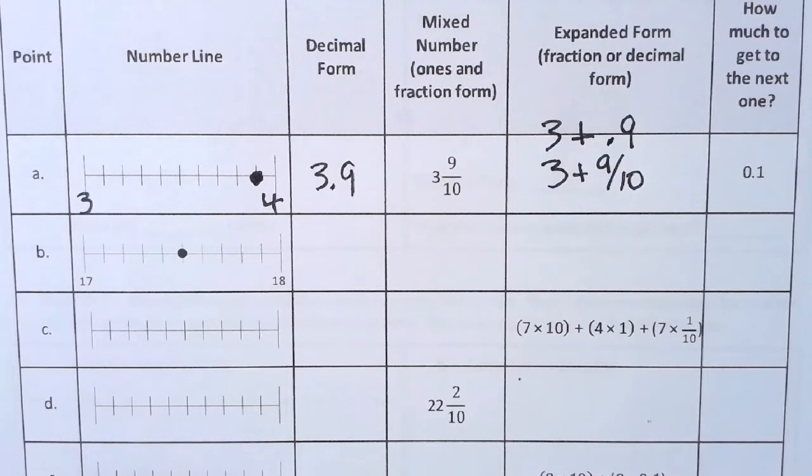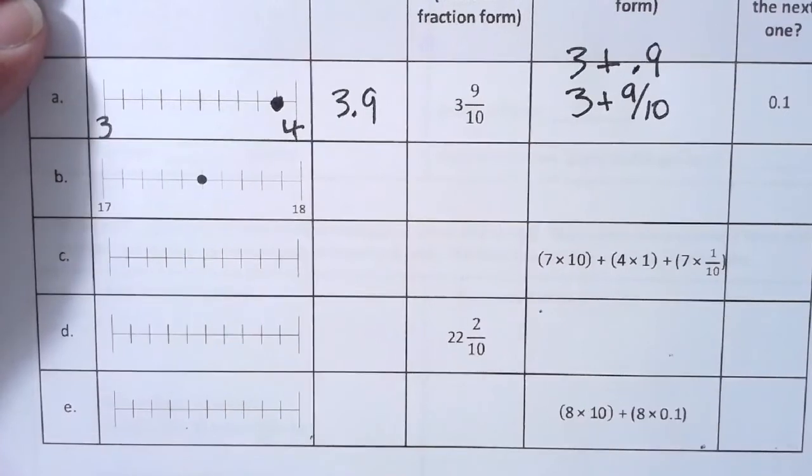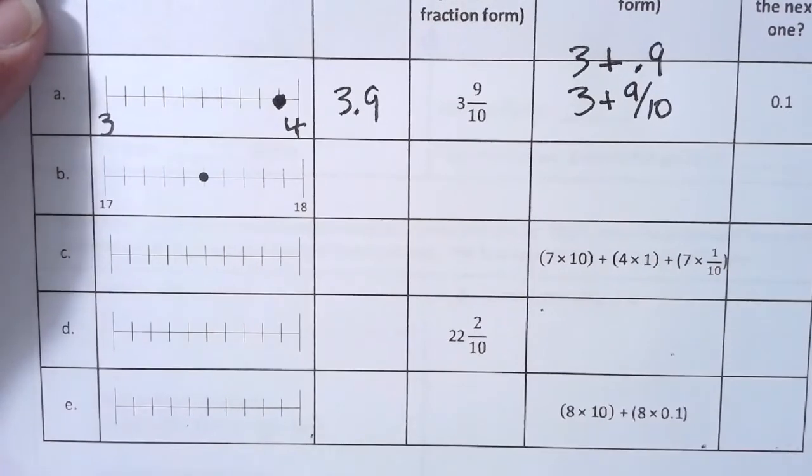Let me pick another hard one. Let's look at D. I haven't seen a hard one yet. D gives you the mixed number first, but they don't give you how much more to get to the next whole number. If this is 22 plus 2/10 as a fraction, they're trying to get to 23.